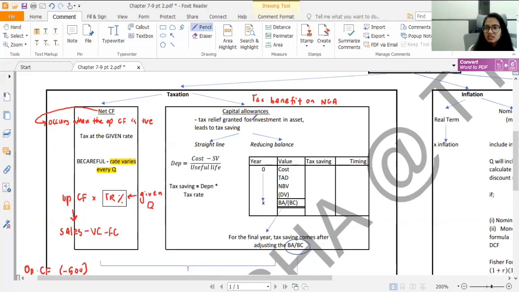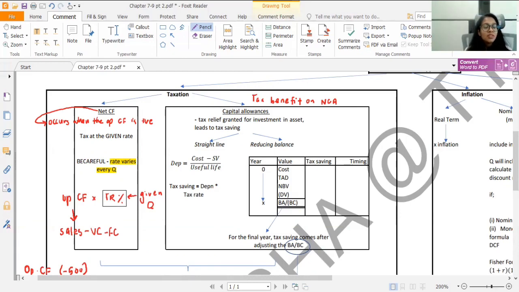So what this is, okay, it is a tax benefit that you get because your company purchases a non-current asset. So guys, can I ask you a question? Why is it that your company will get a tax benefit on non-current asset? What is the logic? What is the reasoning that you will get this tax benefit? Does anyone know?